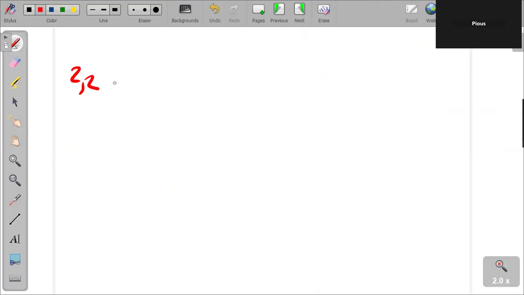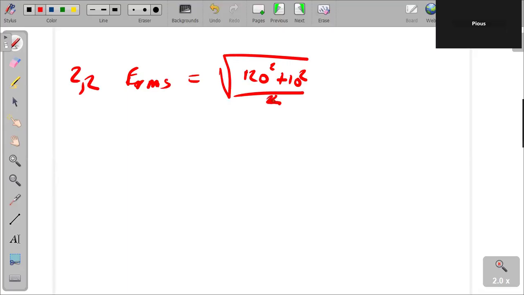ERMS is equal to the square root of 120 squared plus 10 squared divided by 2. What are we doing? We are taking the Emax 1 squared plus Emax 3 squared divided by 2, right? And that gives us 85.147 volts.